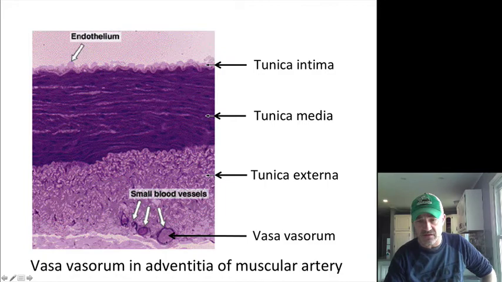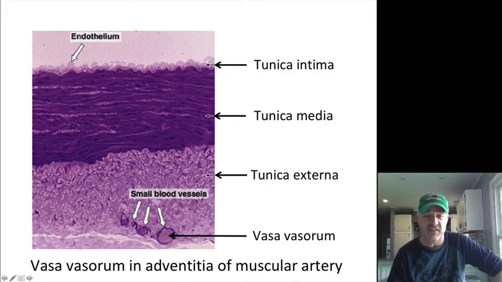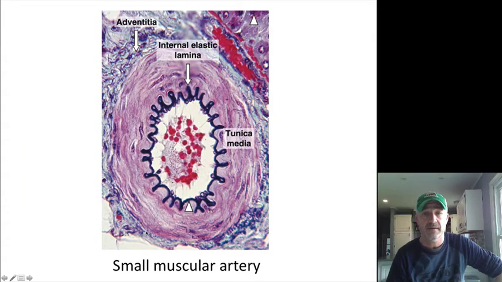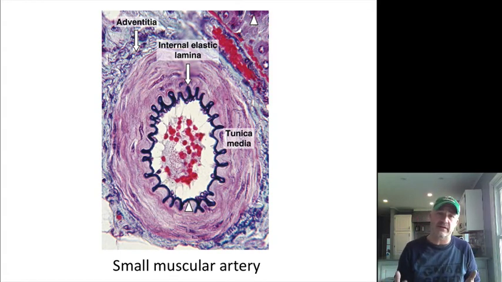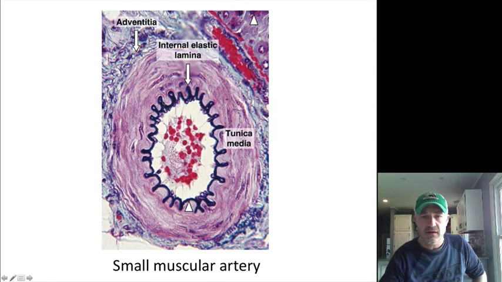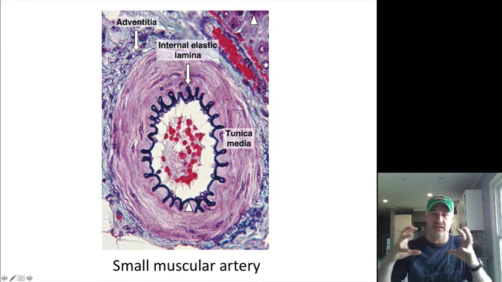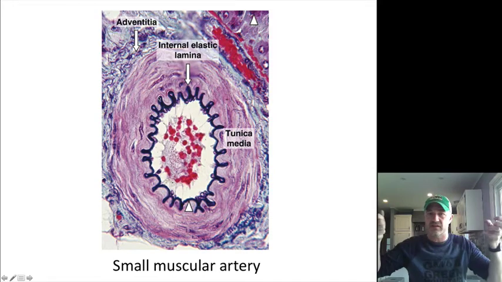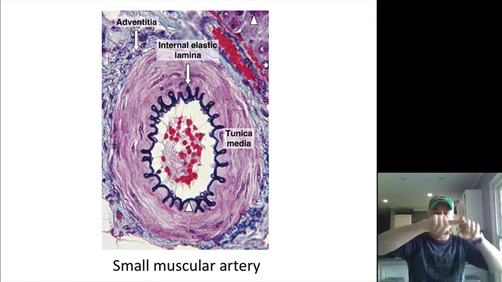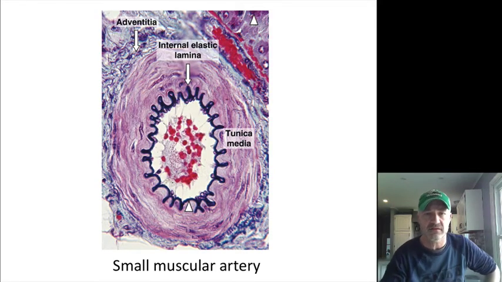This is a rather large one, so you do see the vasa vasorum on that one, the vessels for the blood vessel. This is a little bit smaller one. To me, this one sometimes you see quite a bit. When you're looking at these under the scope, a lot of times, to me, the tunica intima, because of this muscle and the elasticity, will kind of start looking like a hair scrunchie that somebody let go of, and it kind of does that little weird pasta look to it here, where you can see this waviness to it.